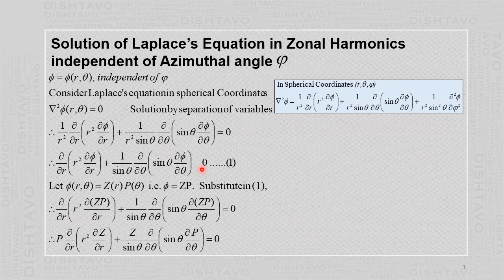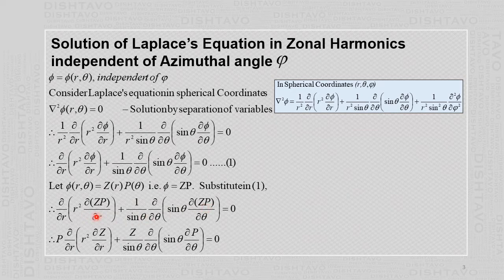Then, as per the steps mentioned to you in section 1 for the solution of a partial differential equation by the method of separation of variables, this given function phi, which depends upon r and theta, is written as a product of two functions Z and P. Z depends only on r, whereas P depends only on theta. So in short, we write phi equal to ZP and then we substitute phi equal to ZP.